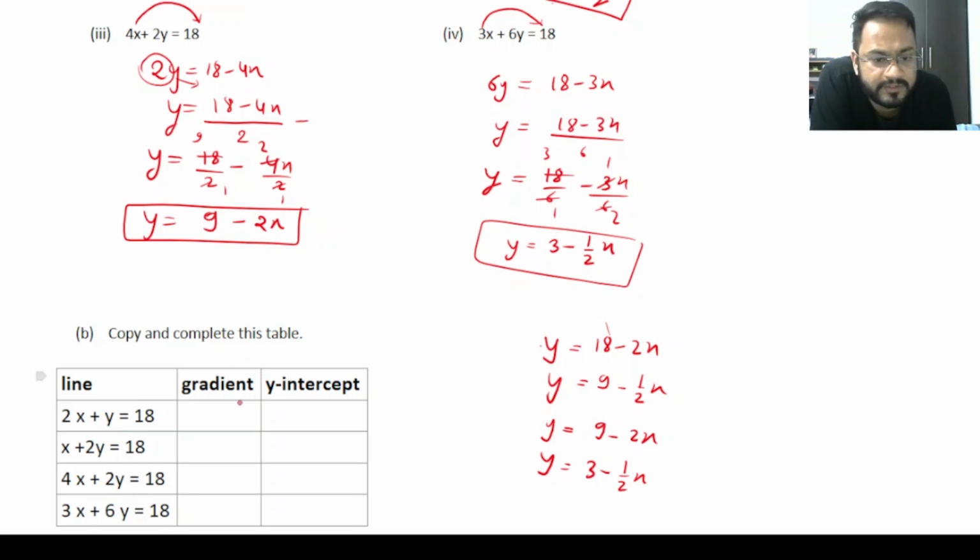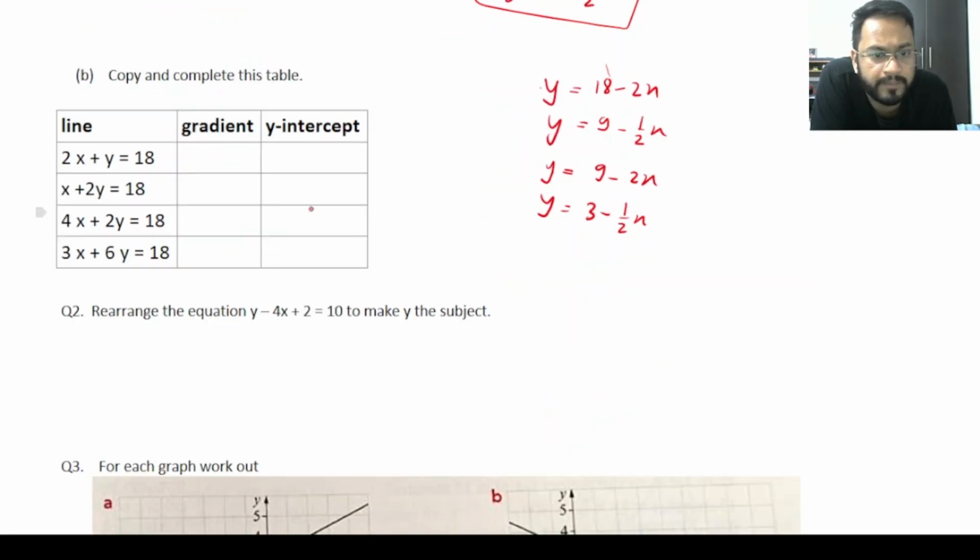So if we see this table and we need to fill it, how can we do that? We know that our equation is y equal to mx plus c. This is the equation of a straight line, and this m is the gradient, and c is what we call the y-intercept.